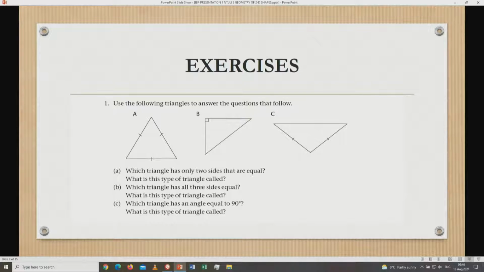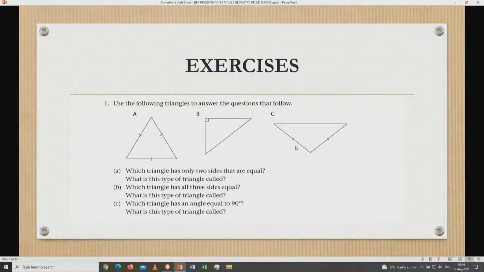Right, guys, welcome back. Our time is up. Now let us see, guys. Number A, let us observe triangle A there. We can see there are markings, ne? Triangle B, there is that small square formed there.